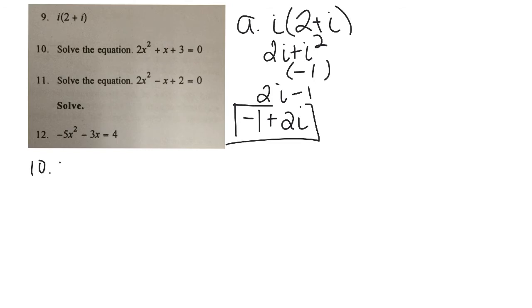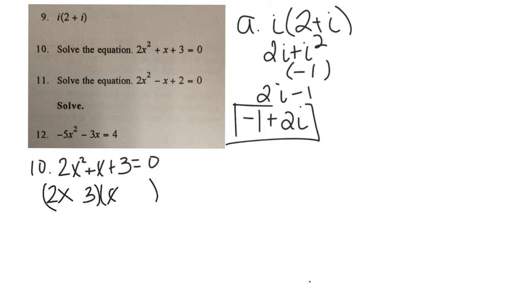Number 10, 2x squared plus x plus 3 equals 0. I'm quickly going to see if I can factor this. I know I'm not going to want to do completing the square, and algebra is not an option because I have the b term. So let's see real quick, can I find factors 2x and x?